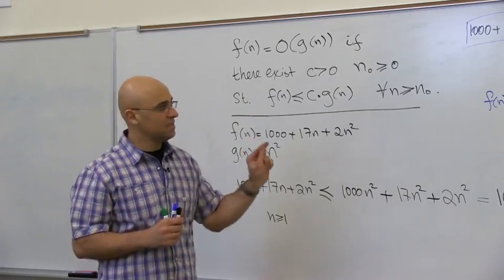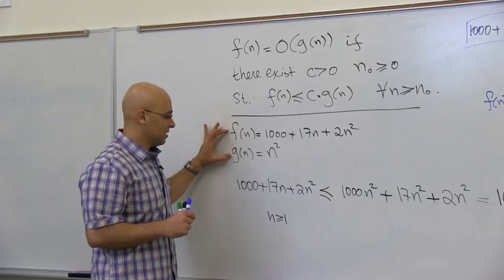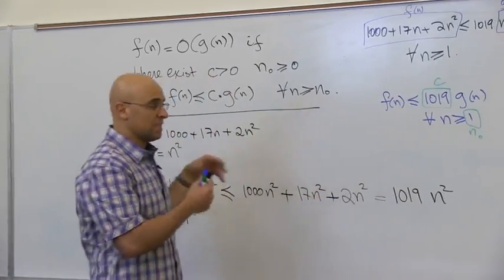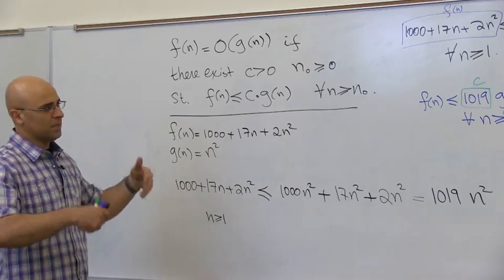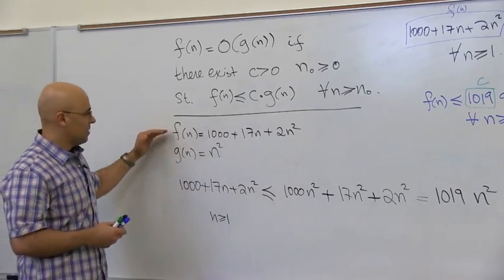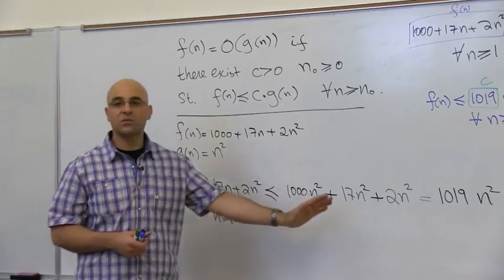I'm not saying that this is a full proof. This is not the technique for proving formally that f of n is O of g of n, and it might not work for many cases, but it's easy for me to reason about how this is smaller than c times this by using this kind of technique.